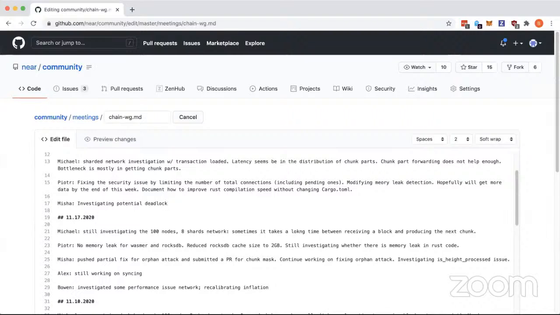So at least I don't see the possibility of us deadlocking inside our own code. I'm glad that you verified it as well, because you're actually more familiar with the code on the trie. But as I said, I don't think it's possible to deadlock within our code. Maybe in some dependencies, I'm not sure.